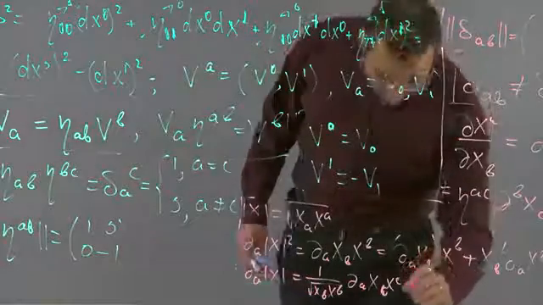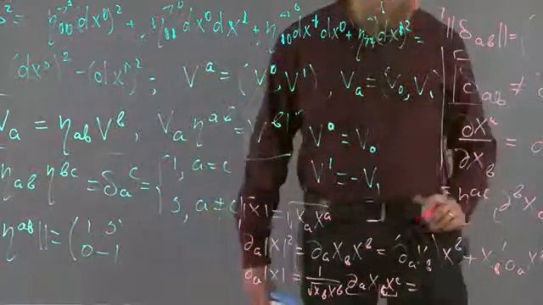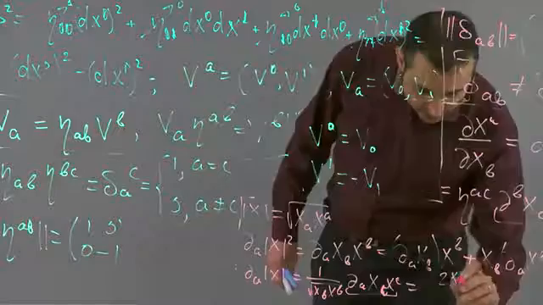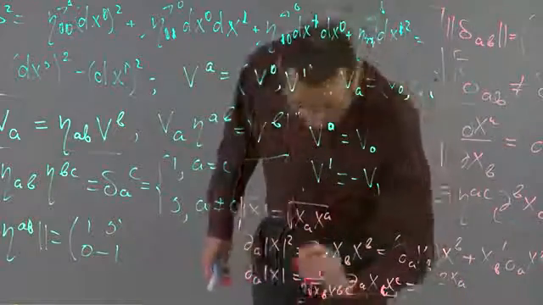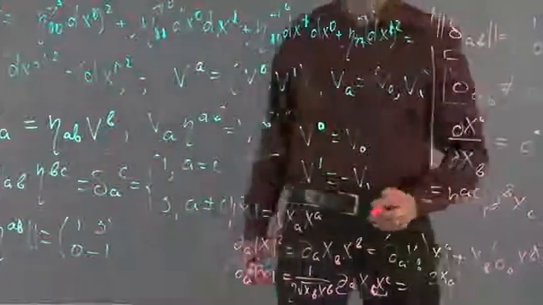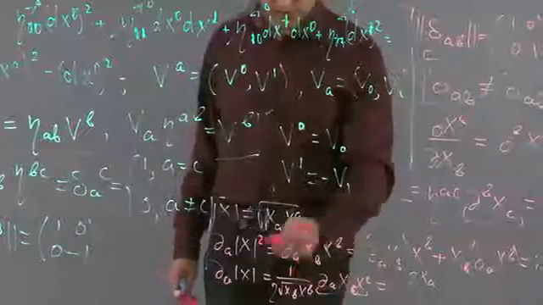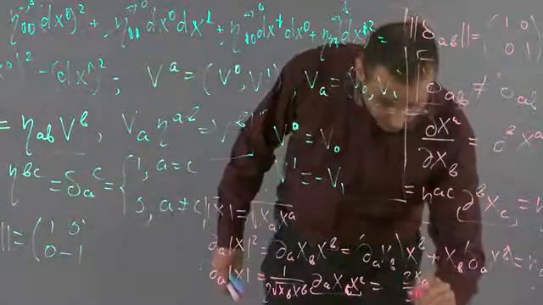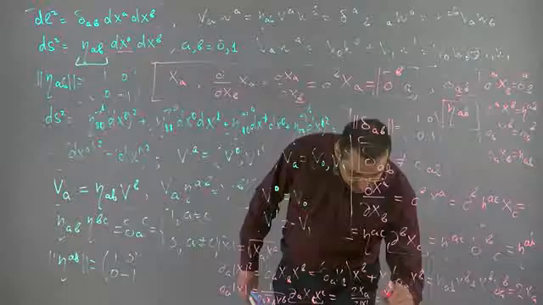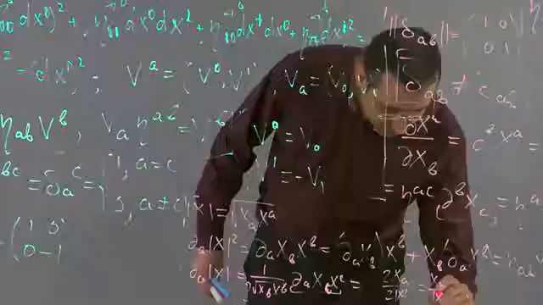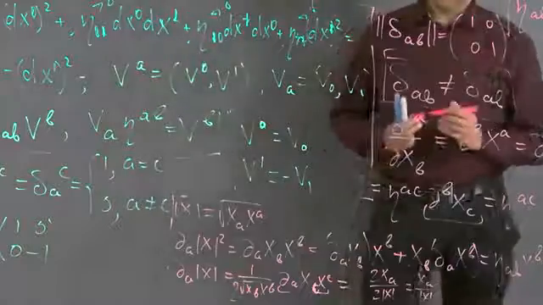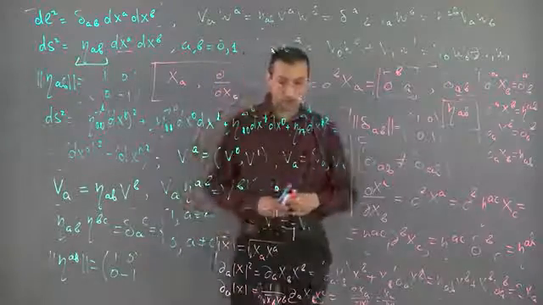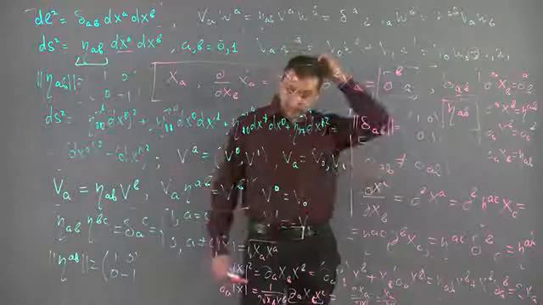Now we already know what this is. This is just 2xa. Sorry, there was a 2 missing here, because when we differentiate the square root, it's 1 over 2 square root of. So 2 over 2 modulus of x. So this is xa divided by modulus of x. So these are the simplest exercises one can do for the case of tensors.